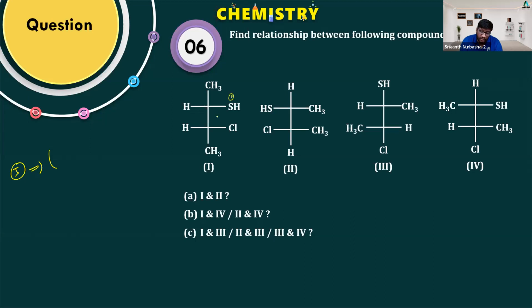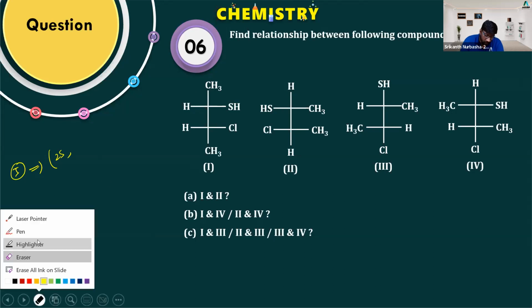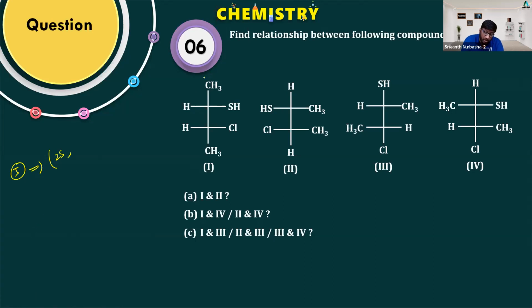First priority here, second priority here, third priority here. 1 to 2 to 3, you're going clockwise, so it should be R, but the fourth priority is on the horizontal line, so it should be S. 2S, because I have to give the numbering like this, 1, 2, 3, 4. So the second carbon has S configuration. The third carbon, 1, 2, 3, anti-clockwise direction, so R. 2S comma 3R.